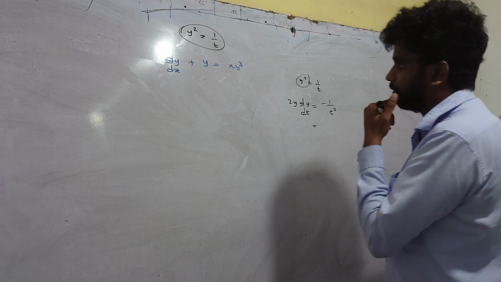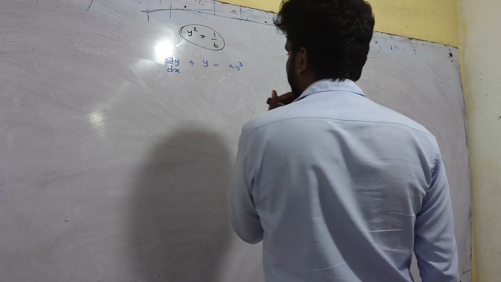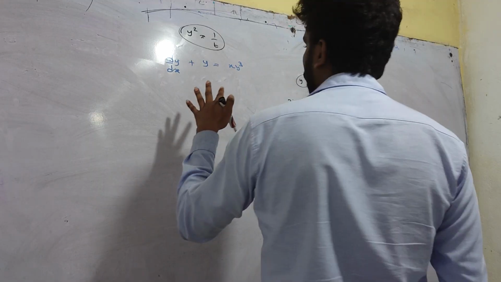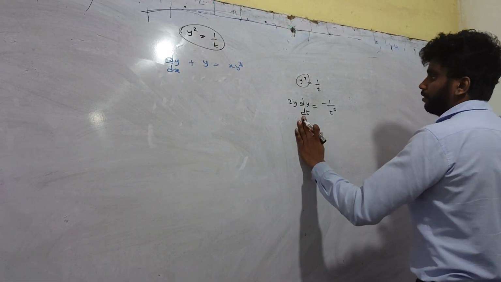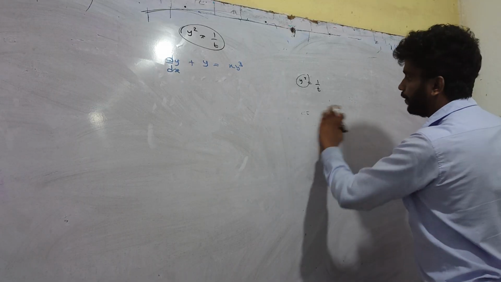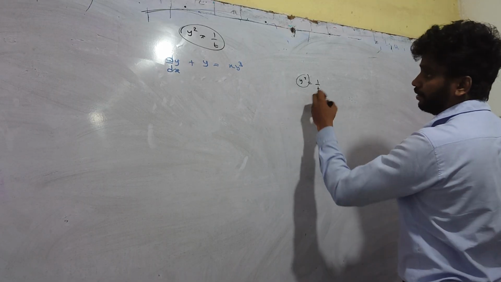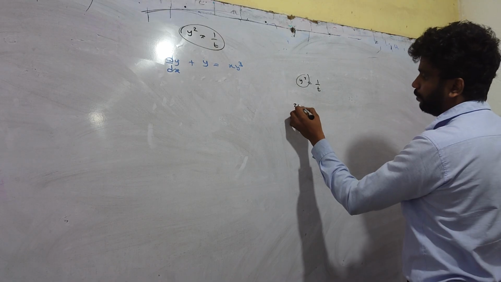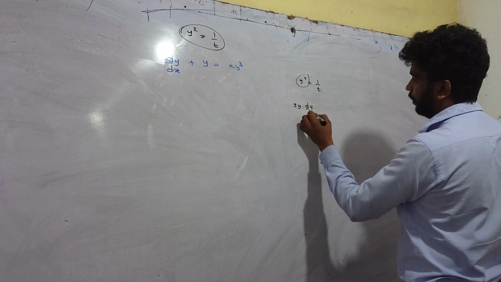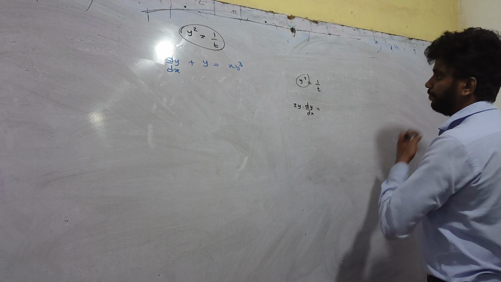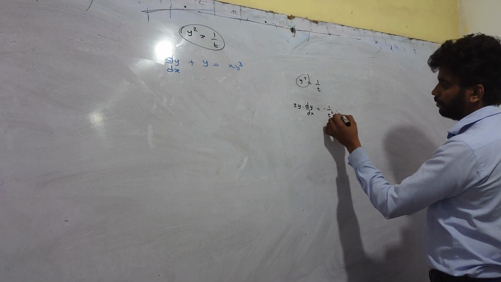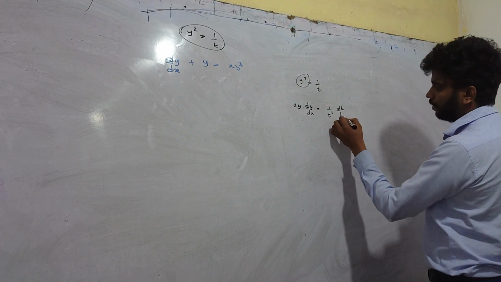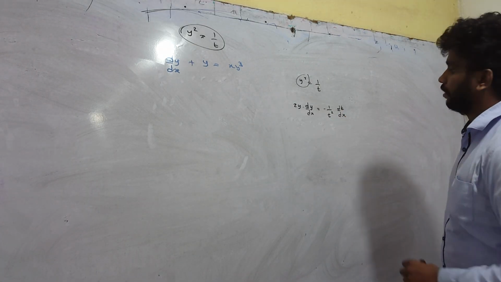You could use chain rule, or otherwise you could find dy by dx, right? This moment you will use dy by dx. 2y into dy by dx, right? So here this is minus 1 t squared then dt by dx, right?